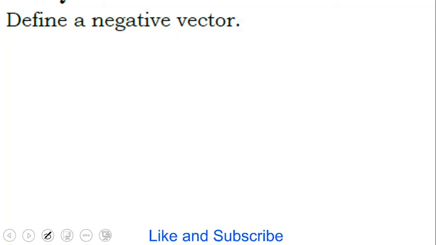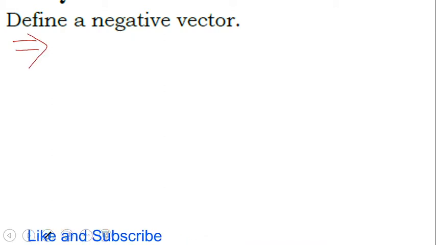So let us begin with the first example. The question is, define a negative vector.